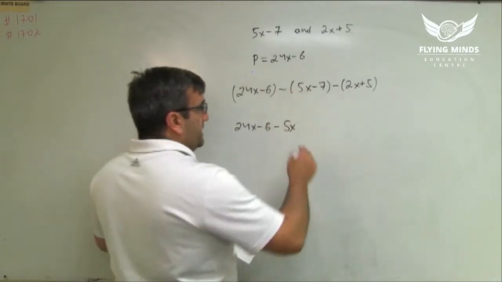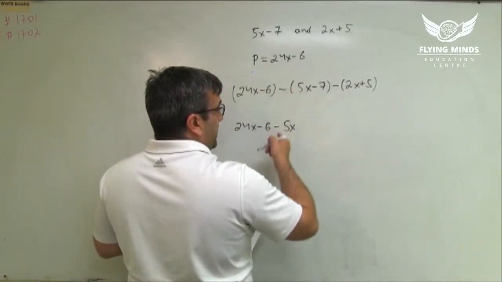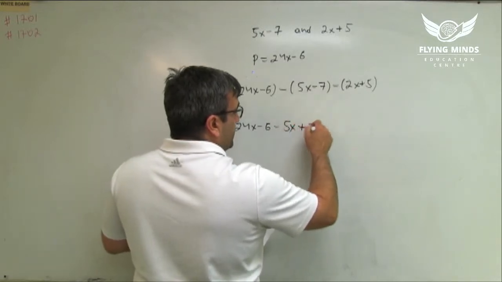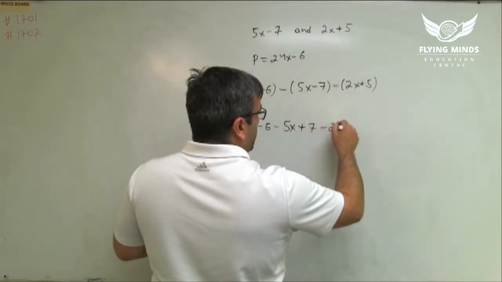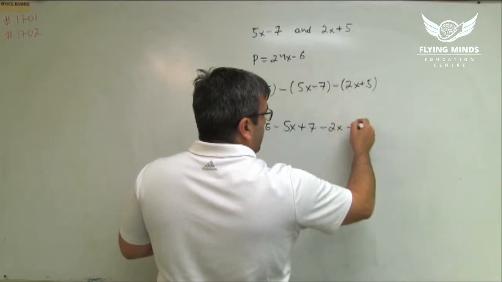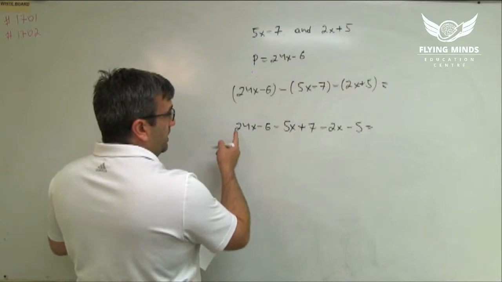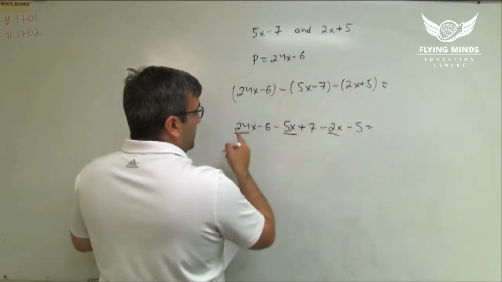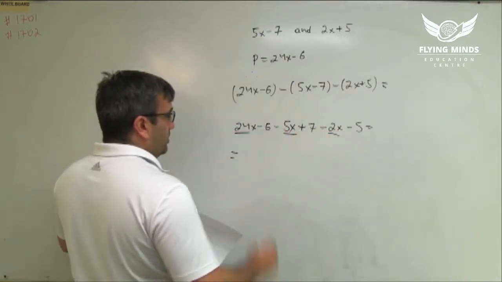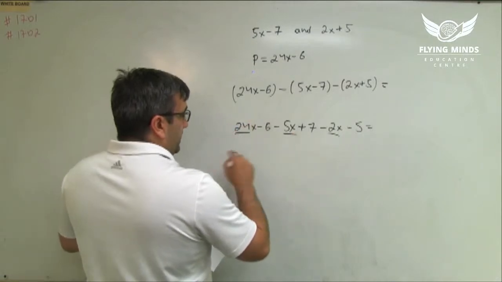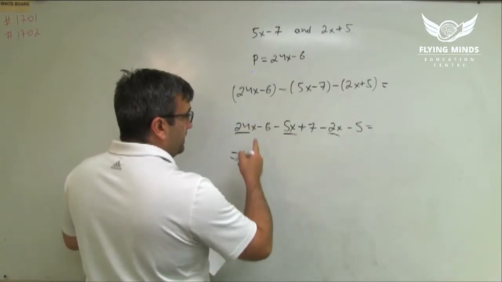So we switch signs. It will be negative 5x plus 7, negative 2x minus 5. Combine like terms: 24 minus 5 minus 2 gives 17x.